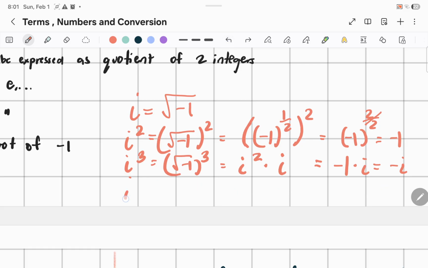Next, we have i raised to 4. That's just the square root of negative 1 raised to 4, or simply i squared times i squared. Now, we all know that i squared is equivalent to negative 1, right? So that's just negative 1 multiplied by negative 1. Therefore, that's just positive 1.